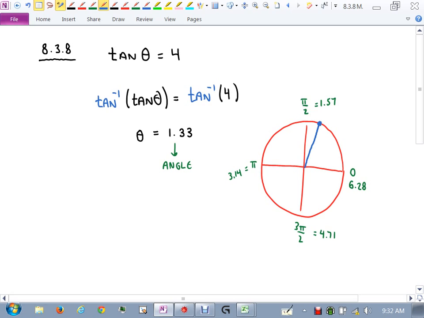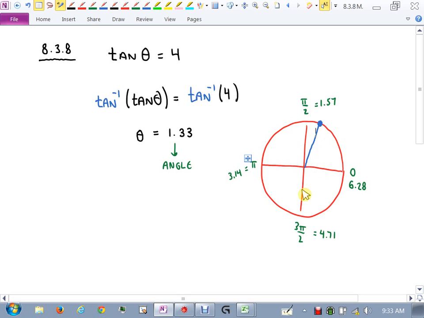Now, why is this important? Well, because we know that for tangent, if our answer is 4, then our angle had to be in the first quadrant, or it could have been in the third quadrant, right?